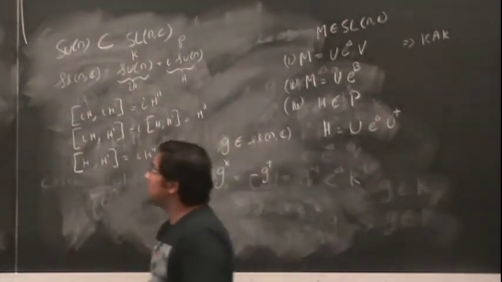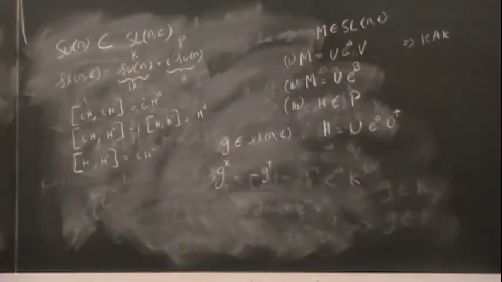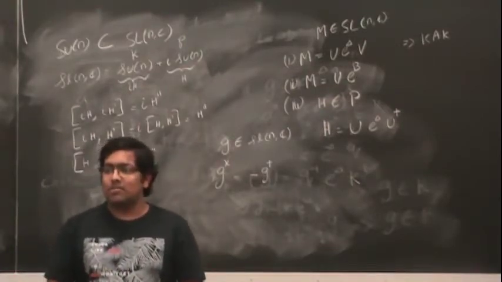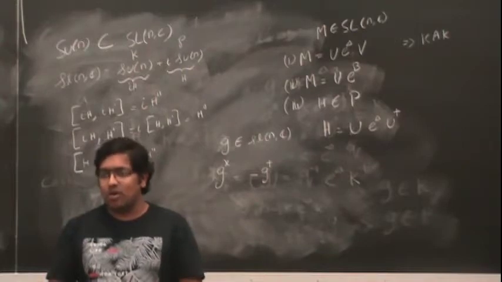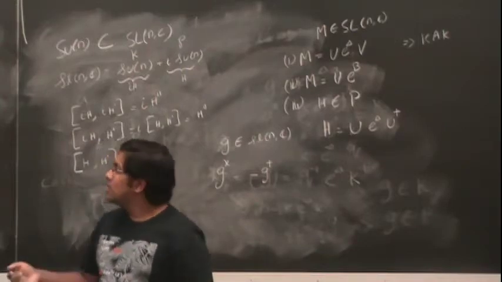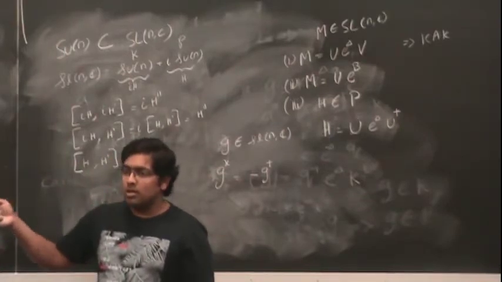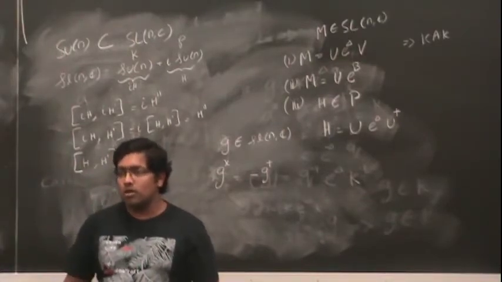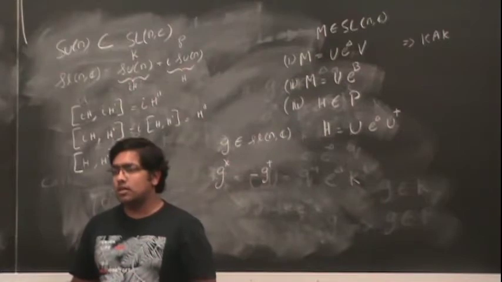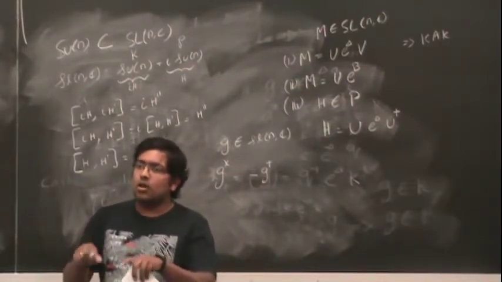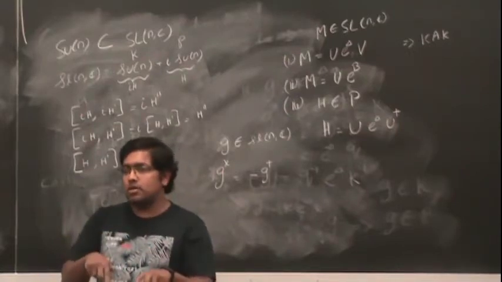But this is the one that we get by doing that. I don't know how you get that, but it's a fact that any complex Lie group has one and only one maximally compact real form, and they also form a Cartan decomposition.